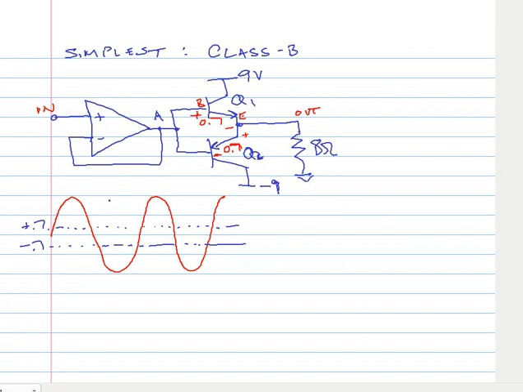So if we were to plot our output waveform, it would look something like this. The output's off until the input goes above 0.7 volts. Then it follows the input. Then it cuts off again, until the input goes below minus 0.7. Then it follows the input again.